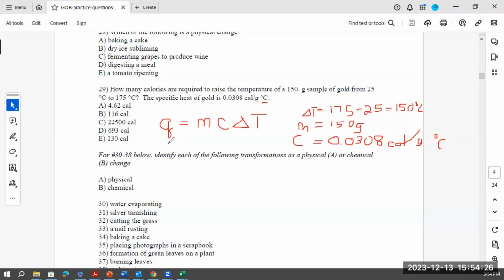Okay, so then our Q is going to be, plug that in. So we have 150 times 150, because that's our mass and our temperature change. And then let's do it. 0.0308, and then that's 150.